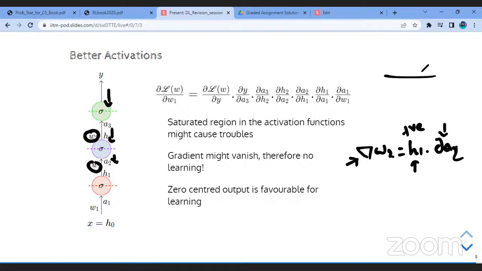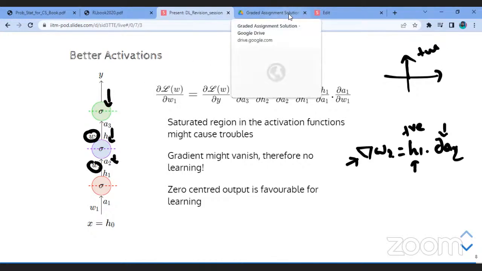Even though my sigmoid always outputs a positive value, the weights in the network can take negative values, and they can change the gradient. But the observation is that this quantity is either always going to be in the positive region, or negative.